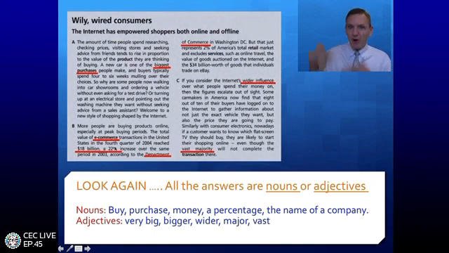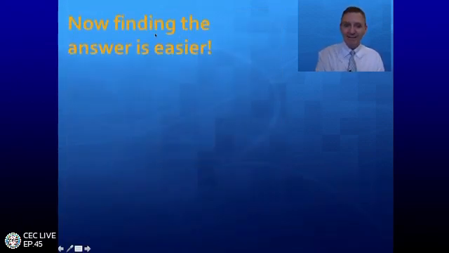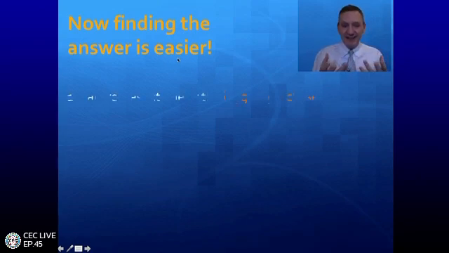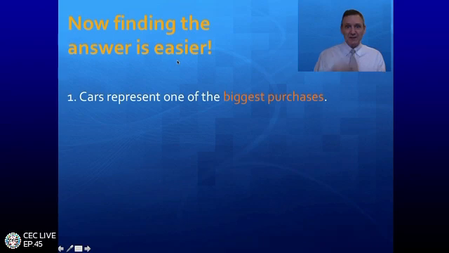You could read this before, and you don't have to read it now, but you can pause it and read it now, and you can see that if you just went through very quickly and guessed it, the important words. Now, when you think about it, finding the answer to these 4 questions is so much easier.